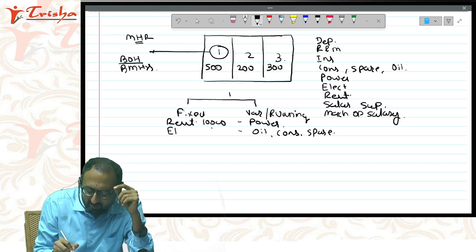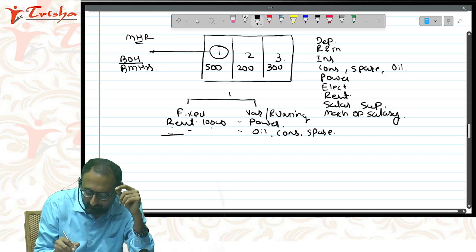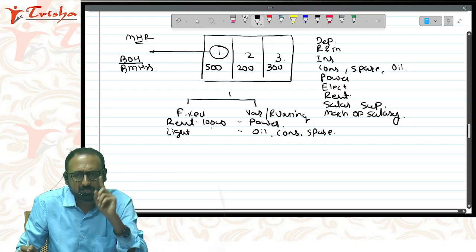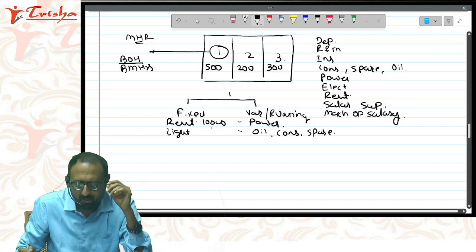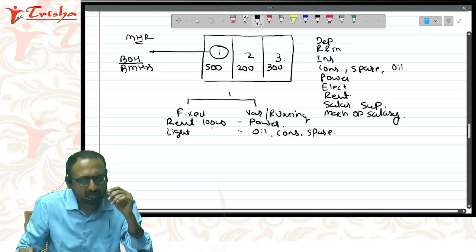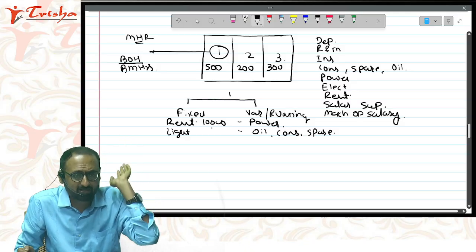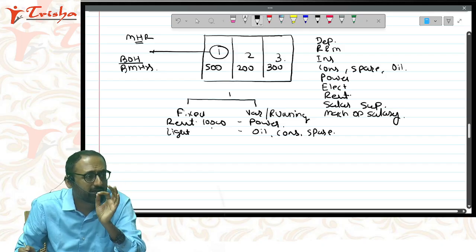Next one, electricity example. Lighting expenses, tube light and fan, etc. Remember, lighting expenses are not variable expenses. Lighting expenses are fixed expenses. Now, lighting expenses will be apportioned in which ratio? In yesterday's lecture, we saw it is the number of light points.